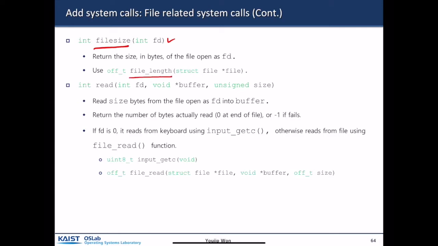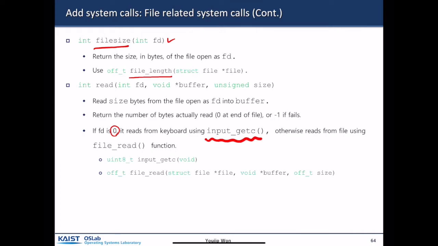In the read system call, you have to distinguish between reading from file descriptor 0 and reading from other file descriptors. In case the file descriptor is 0, you have to call input_getc that reads characters from the keyboard.